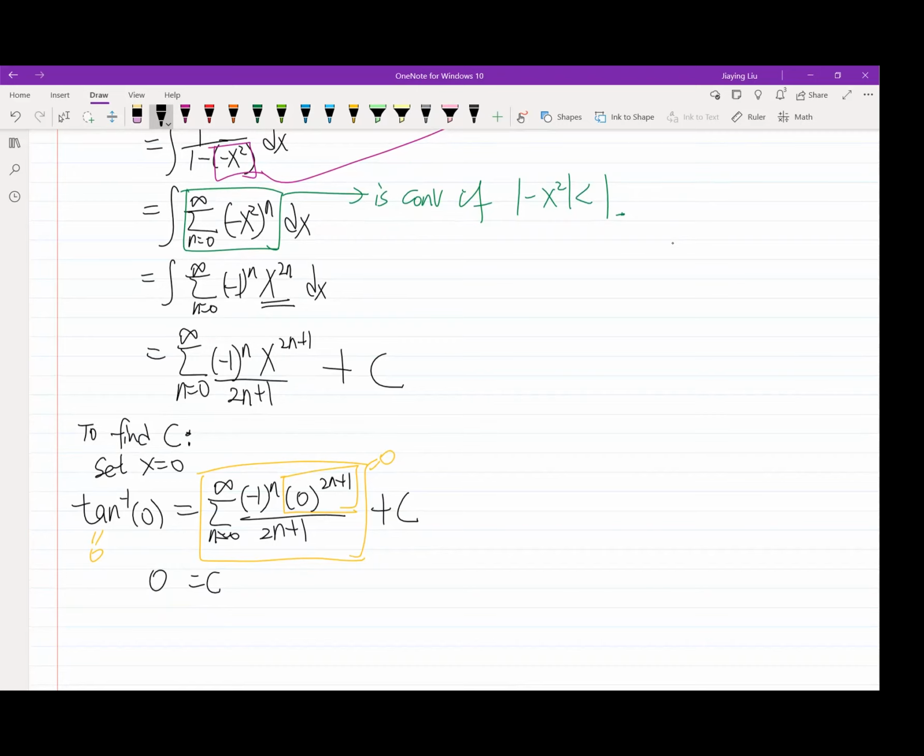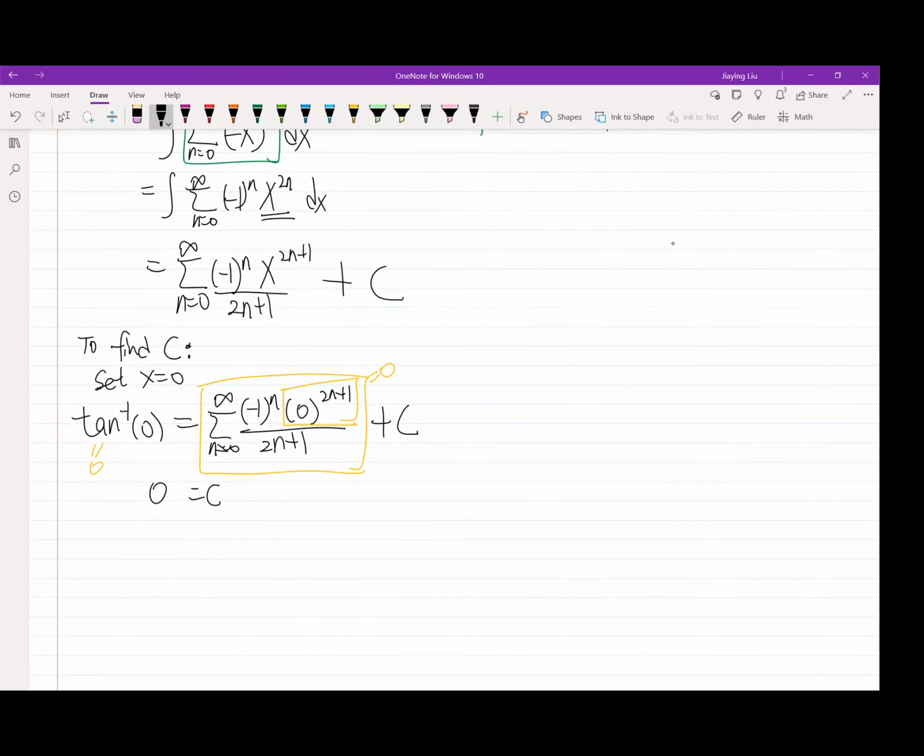So at this point, what do we have? We have inverse tangent of x, the one that we're looking for. We wanted to find a power series, and we found it, which is sigma n from 0 to infinity, negative 1 to the n, x to the 2n plus 1, divided by 2n plus 1.